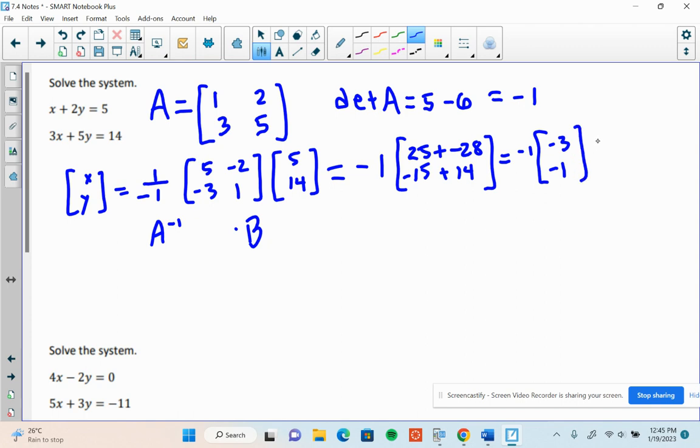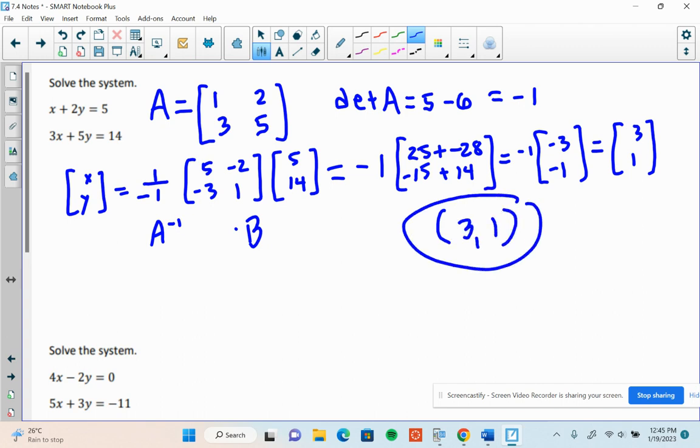And negative 1 times negative 1. So we have 3 comma 1. That's our x and our y. So the solution is 3 comma 1. Done. Let's check it in the original equation. If I put in 3 for x and 1 for y, I have 3 plus 2 is 5. In the second equation, I have 9 plus 5 is 14. It worked. We did good.